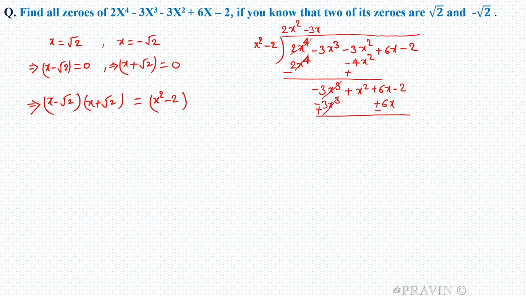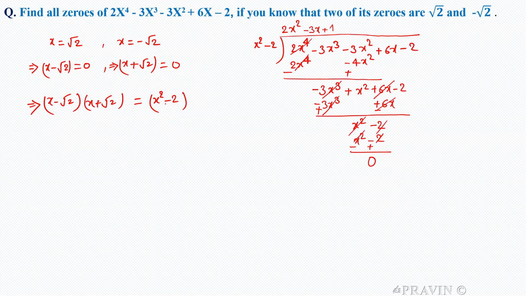Now this term will vanish and you will have x square, and also this term will vanish and you will have x square minus 2, and you can divide it by 1, x square minus 2, here plus, here minus, this will give you 0.